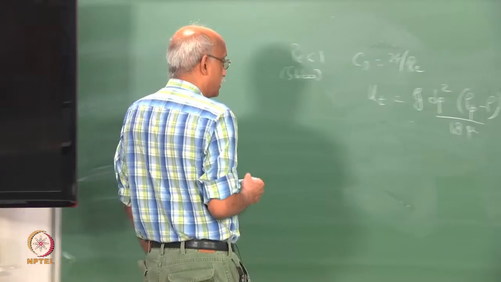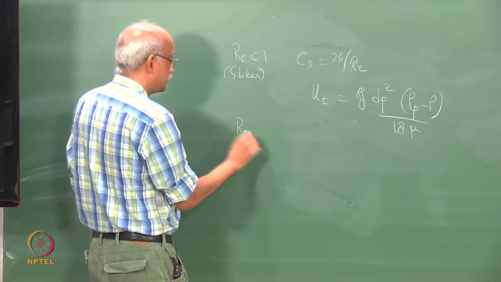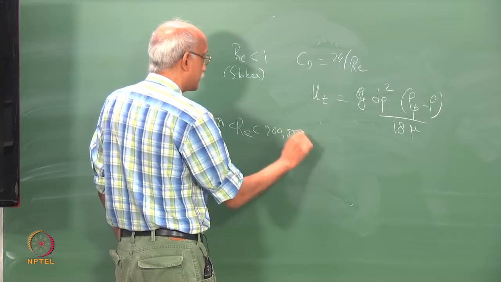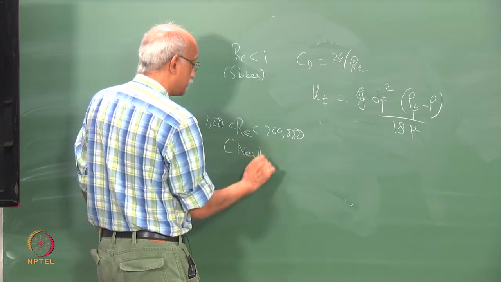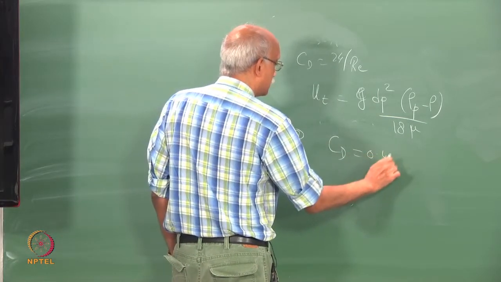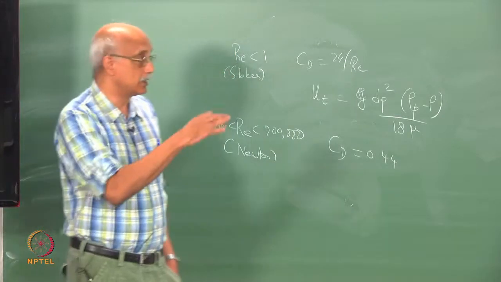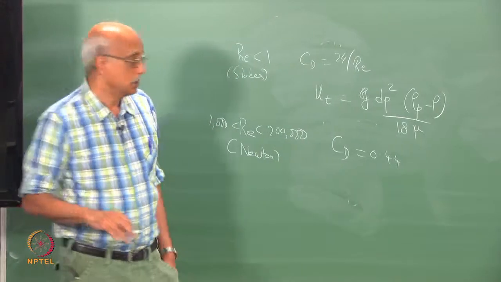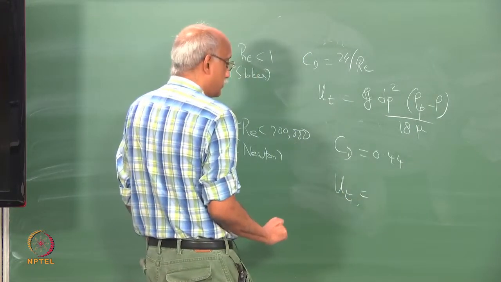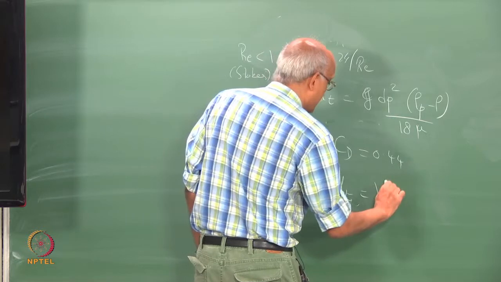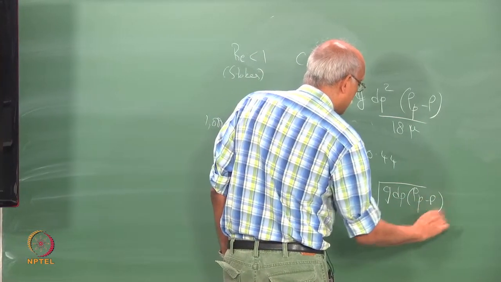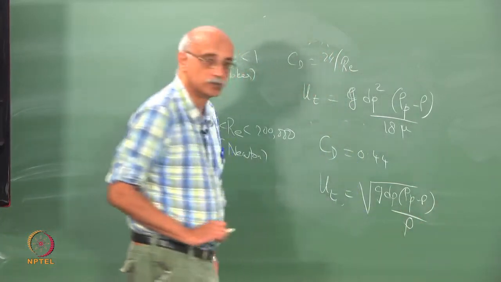In the case of Reynolds number that is between 1000 to 200,000, which is the Newton regime, the corresponding expression, CD is equal to a constant, and as I mentioned earlier it's about 0.44, and if you substitute that and calculate the expression for UT, it looks like square root of g times dp times (rho p minus rho) over rho.